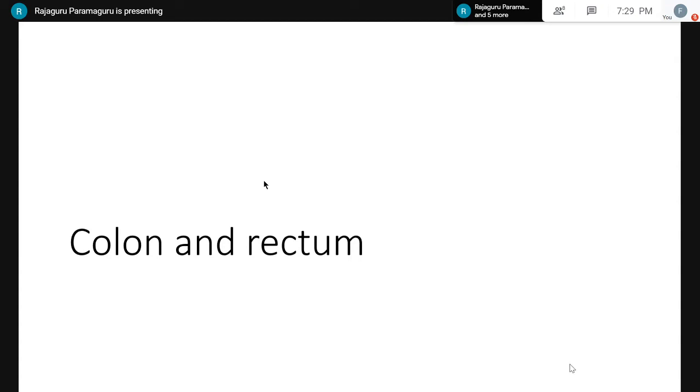So last session we had seen the approach to the small bowel, that is small intestine, and the stomach. Today I'll be talking about colon and rectum. The next session will be about approach to the polyps.